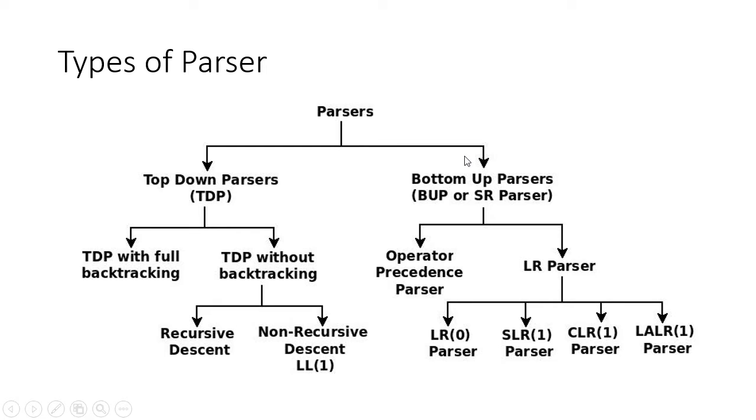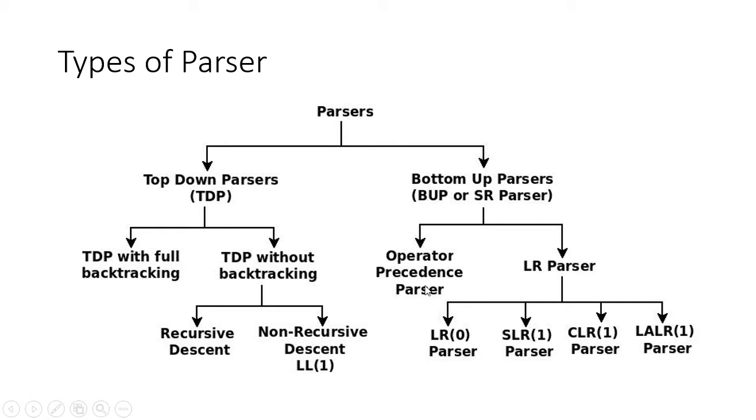Now the parser consists of two types, as I told you, top down parsing and bottom up parsing. The top down parsing is again split into top down parsing with full backtracking and top down parsing without backtracking. Top down parsing without backtracking is divided into recursive descent and non-recursive descent, or sometimes it's called the LL1 parser.